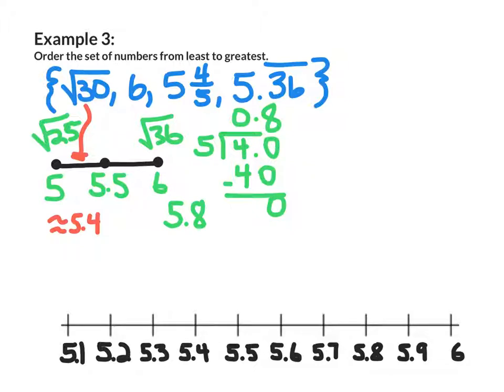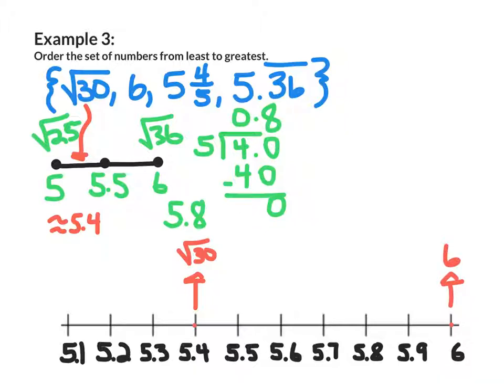So now I'm going to label these numbers on the number line. My first one is 5.4. That one would be here. And I'm going to label that, and that would be the square root of 30. I'm going to label it the way they gave it to me. My next number is 6. That one is here. I'm going to label that as 6.